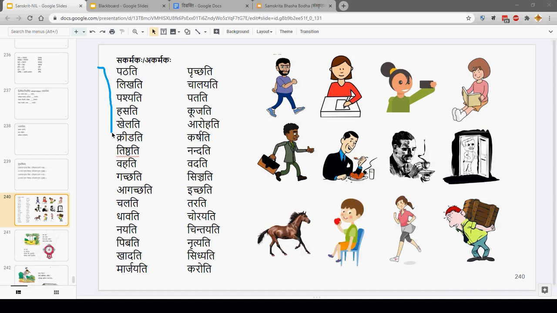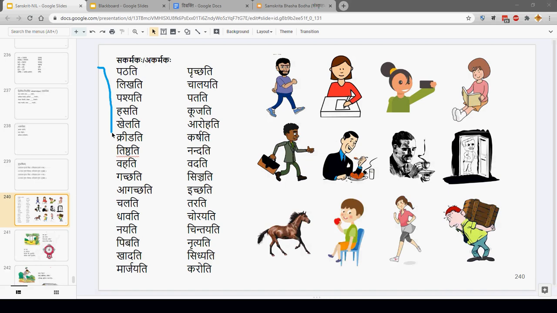Patati is transitive because it's reading, right? Yes. Lekati is transitive. Pashyati is transitive. Hasati is intransitive.